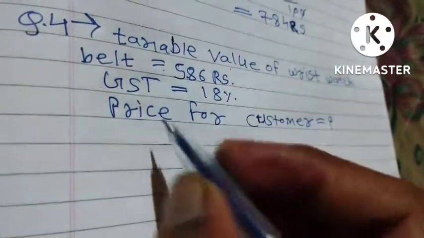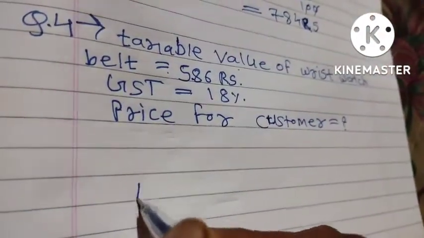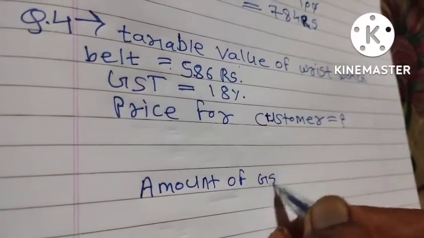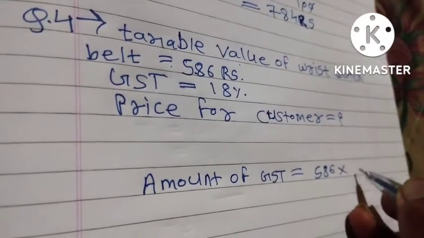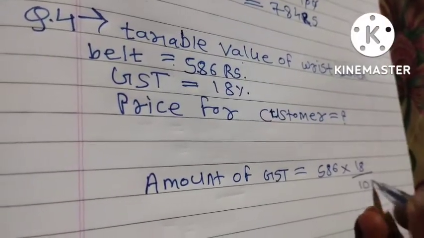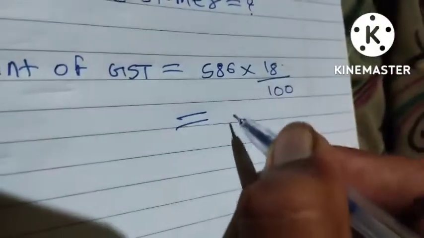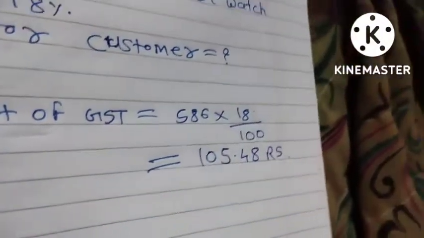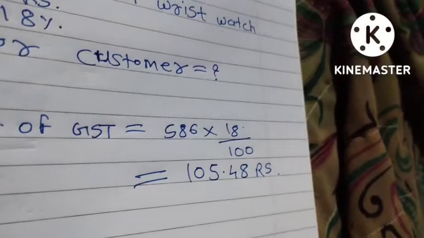So first of all, let's find out the GST. Amount of GST is equal to 586 into 18 upon 100. The answer will be, amount of GST will be 105.48 rupees. Let's find out the price for the customer.